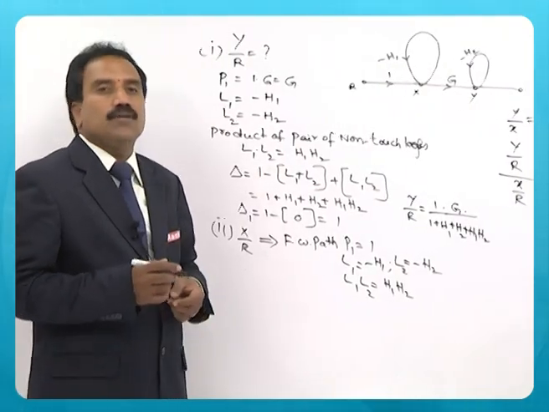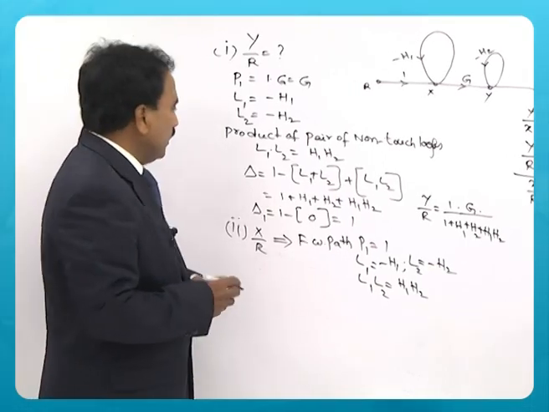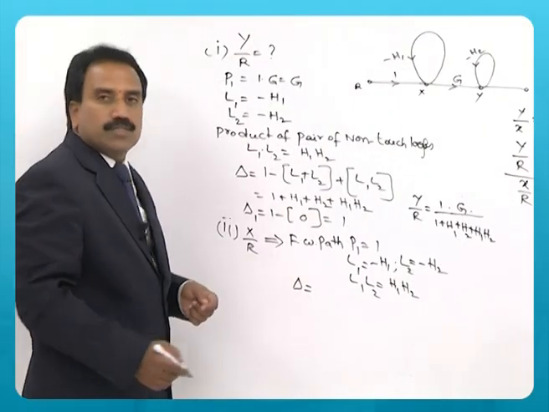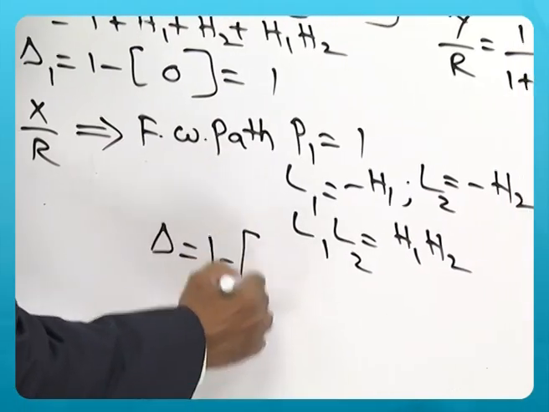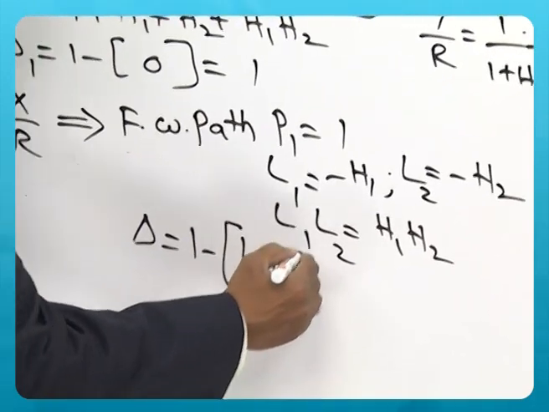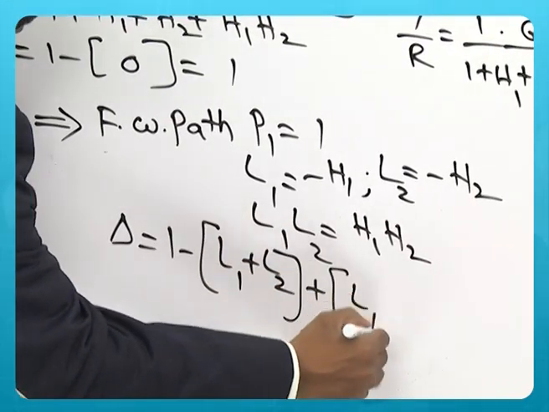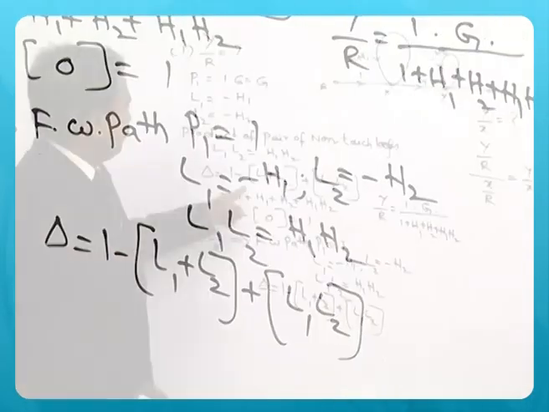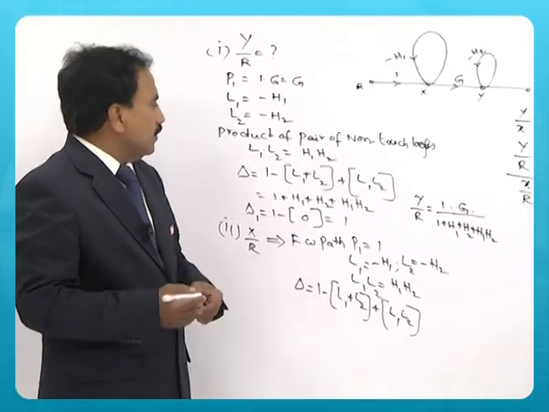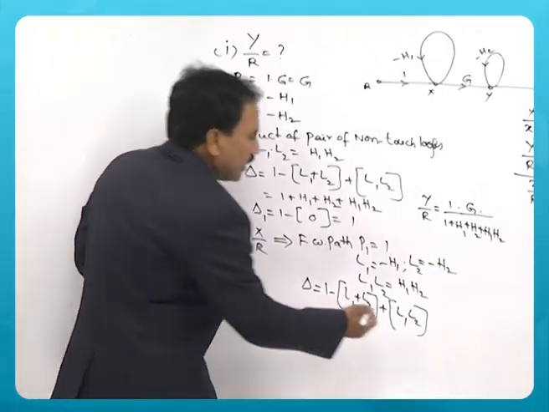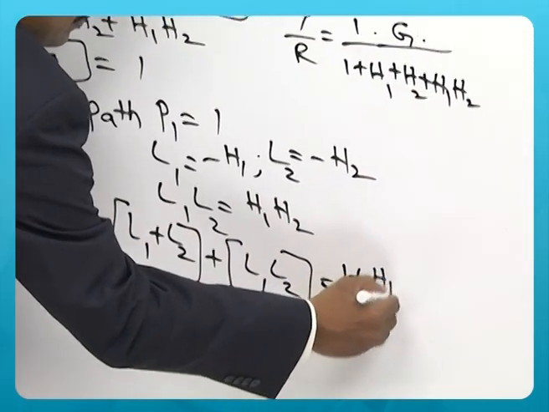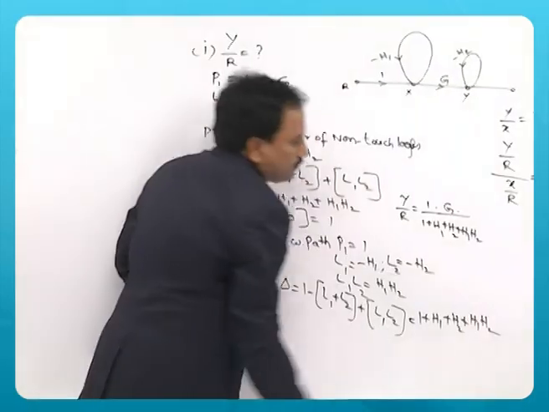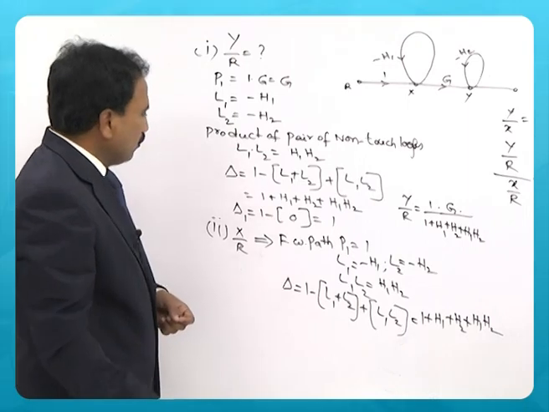Now let us see what is delta 1. Delta means 1 minus the sum of the loop gains as usual plus the product of non-touching loops. It leads to the same delta as in the above case, so it is again 1 plus H1 plus H2 plus H1 H2. Now what is delta 1?